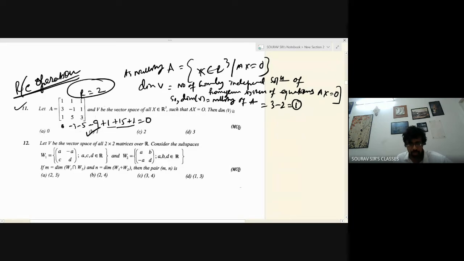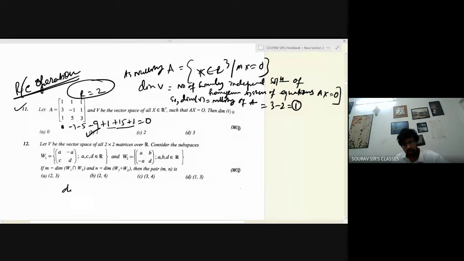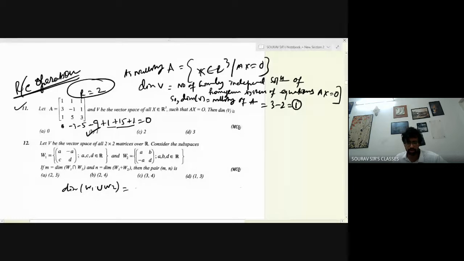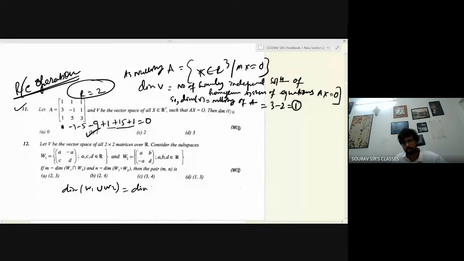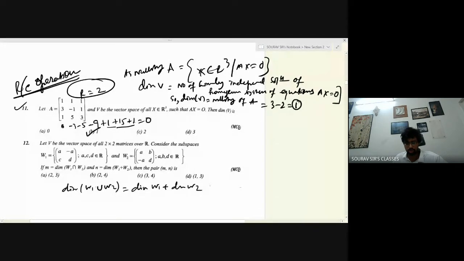Dimension of W1, W2, the pairwise calculation. So this is also very easy. Dimension of W1 union W2, or plus, whatever it is. So dimension of W1 plus dimension of W2 minus dimension of W1 intersection W2. So in this case, what will be the value?